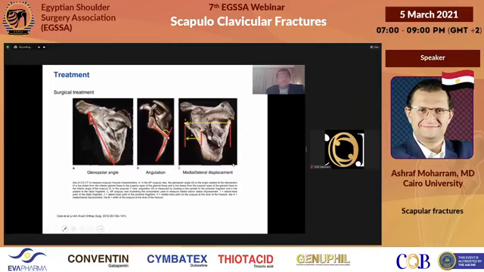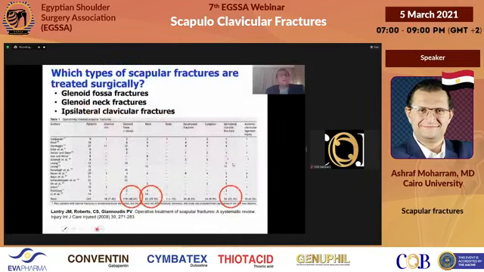So let's see the importance of each of those. Which types of fractures typically need surgery? Those involving the glenoid fossa, involving articular fractures, those involving the neck fractures, and those involving ipsilateral fractures of the clavicle.